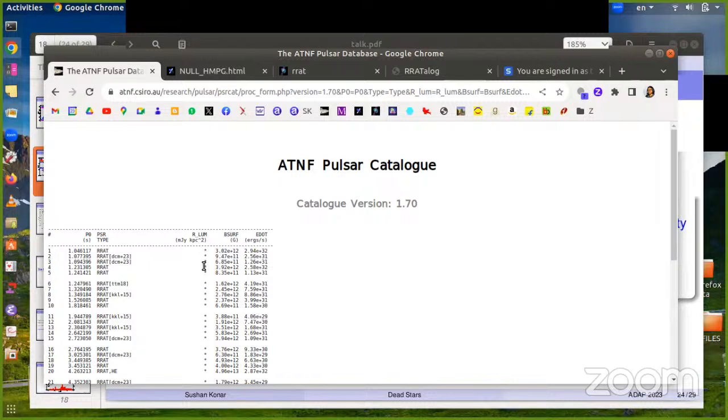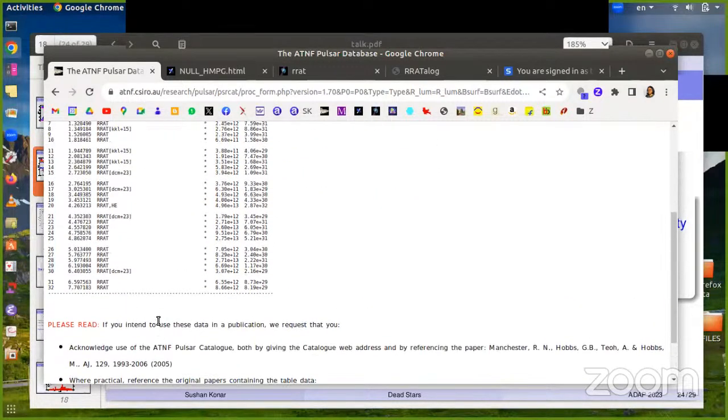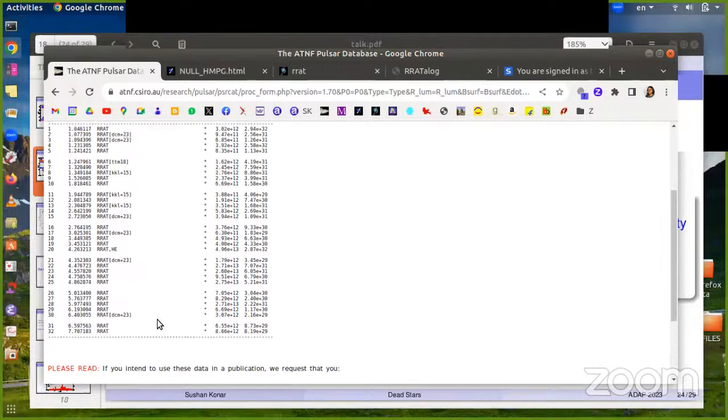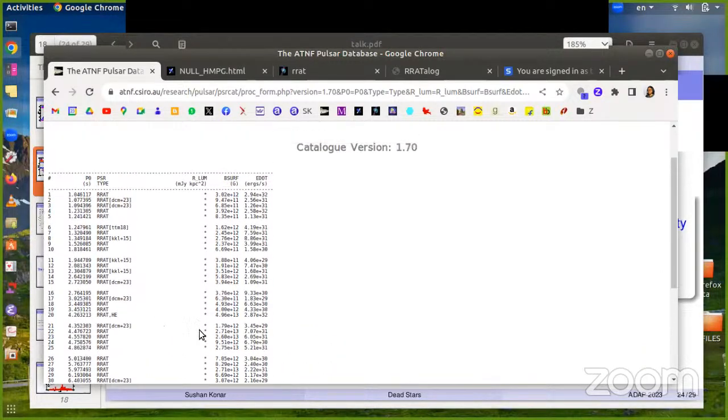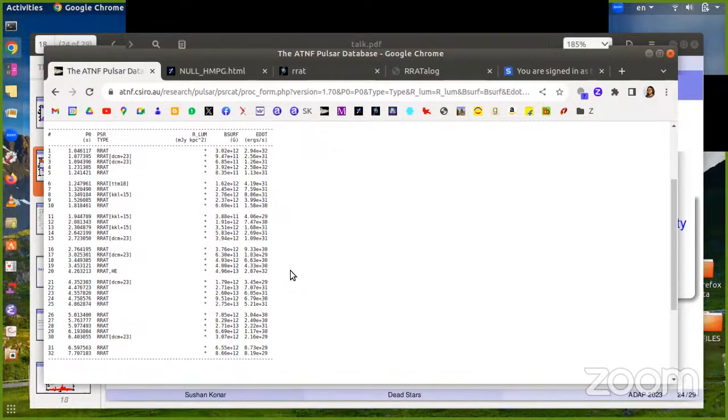And you see the column for radio luminosity is nothing. None of them have any radio luminosity estimated. Okay? All right. But if you look at the rotational energy available here, the dEdt, that is about 10 to the power 32 ergs per second. That's roughly the number. Now these numbers are important.